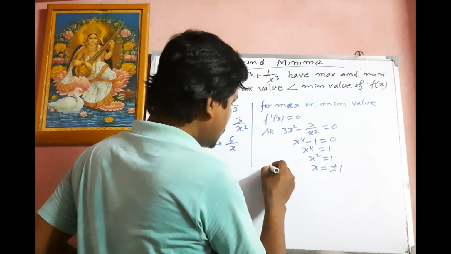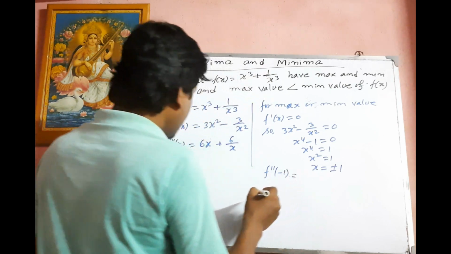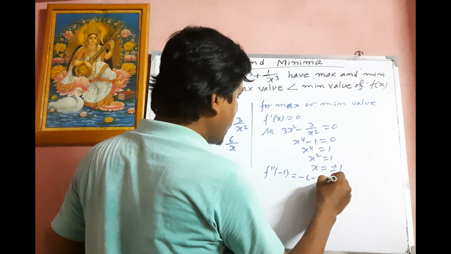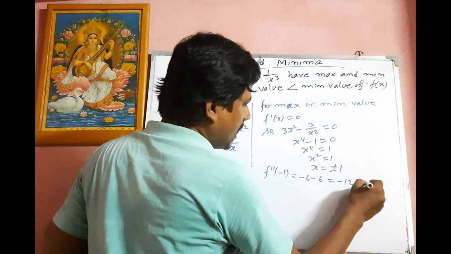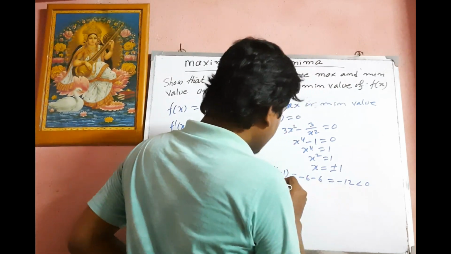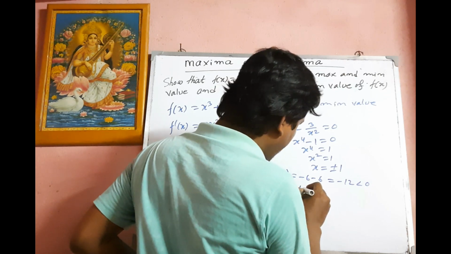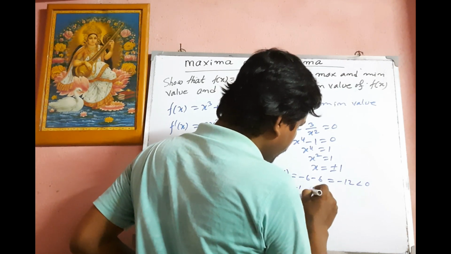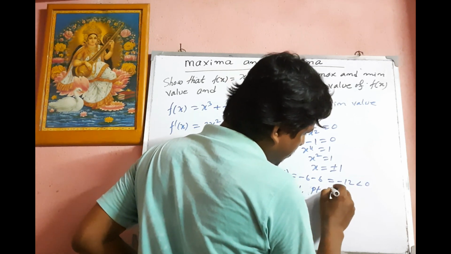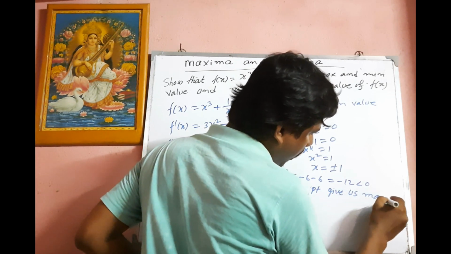If we find f double dash at minus 1, then we get minus 6 minus 6, that is minus 12, less than 0, and that is, x is equal to minus 1 point gives us the max value.